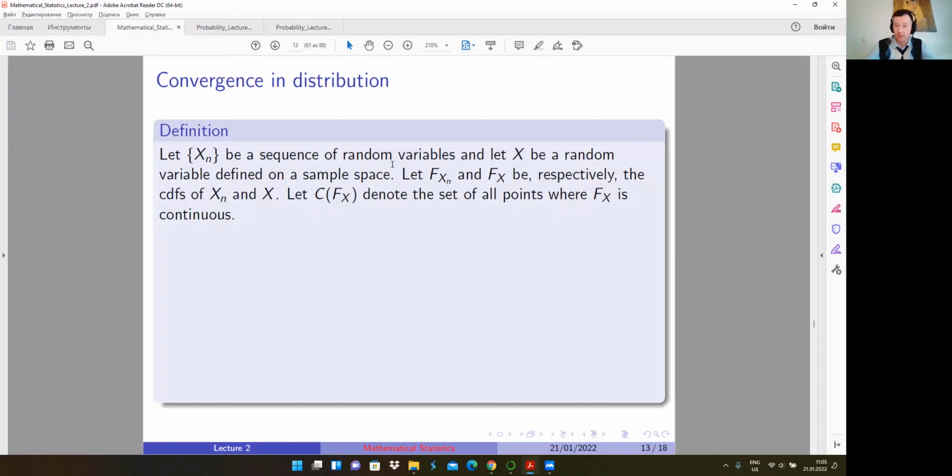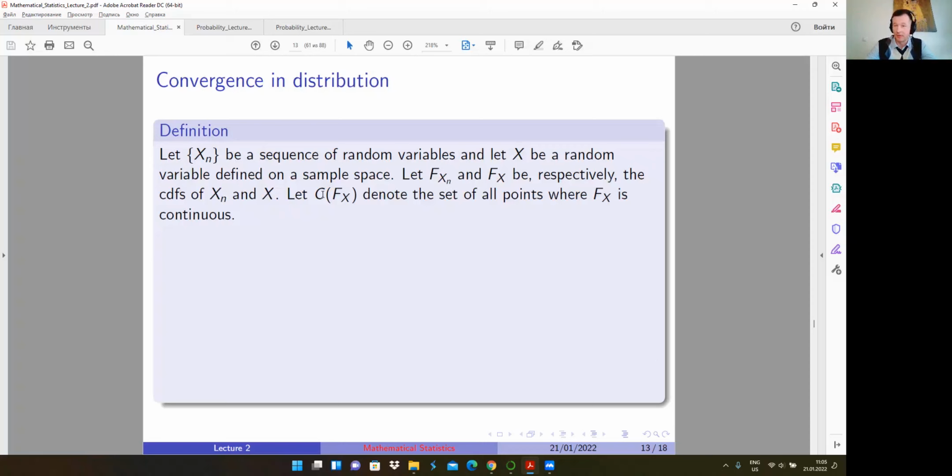Because now the start is the same. We have a sequence of random variables, Xn, and we have some random variable X, which is defined on the sample space. Just any random variable. And then we have CDFs, cumulative distribution functions, of this sequence and of this random variable.